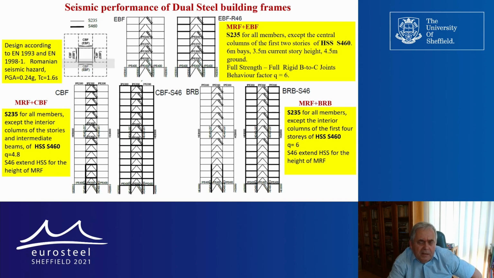And we have another set of multi-story frames, 16 stories, which combine moment resisting frames with centrically braced frames, conventional centrically braced frames. Again, in this case we are using high strength steel, but in those parts which have to remain elastic, which are partially the columns and partially the beams.